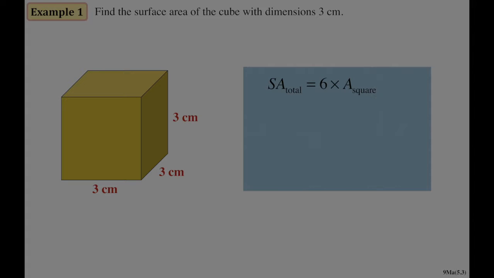If the dimensions are 3 by 3 by 3, each square is 3 by 3, so it's 6 lots of the side squared, or 6 lots of 3 squared, because the sides are 3. 6 times 3 squared is 6 nines, which is 54, or you could put that into your calculator, and you'll get 54 centimetres squared. Remember, this centimetre squared just means we're dealing with area. It has nothing to do with the squared there. It's just area for that part there. So there's our first example.